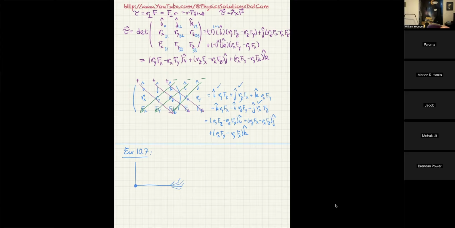Your bicep muscle is like this, and it attaches right there about 5 centimeters. It applies a force upward, and that force is 700 newtons.